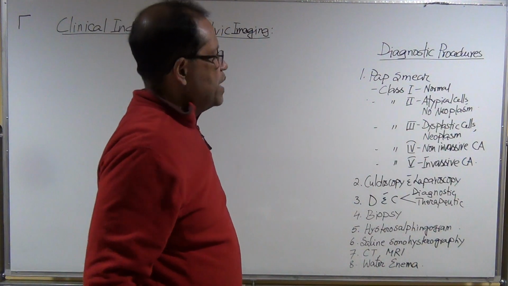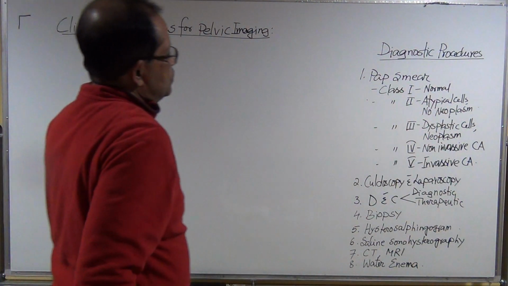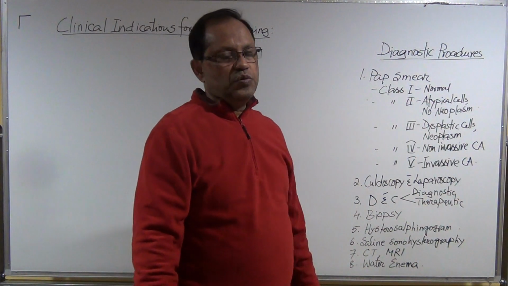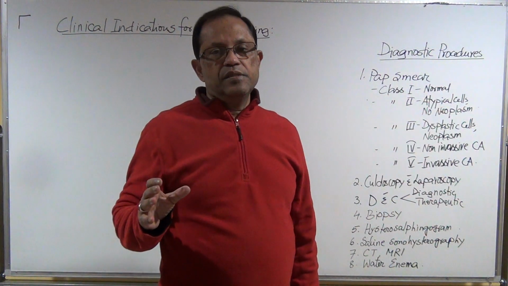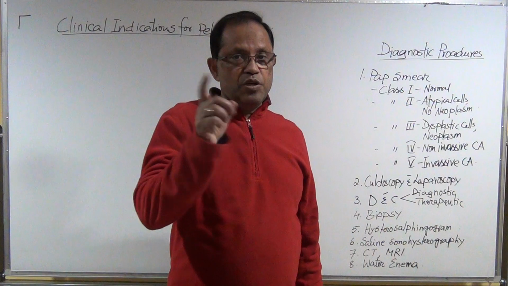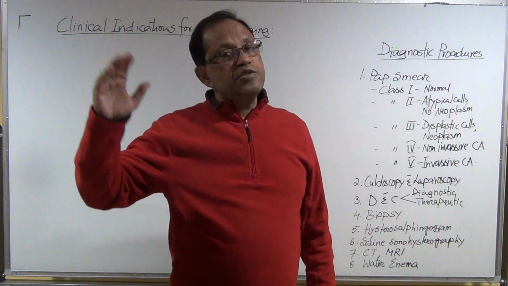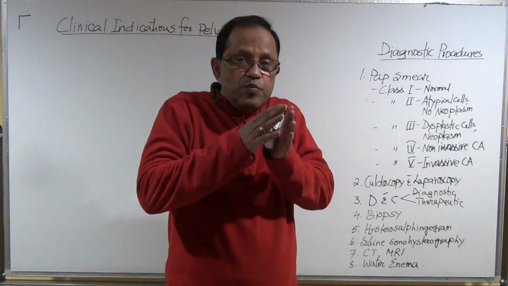So, pap smear. In the pap smear, how do they get the tissue? There is an instrument, okay? But make sure, sonographer, you're not going to do that. Somebody else will do it. Okay?